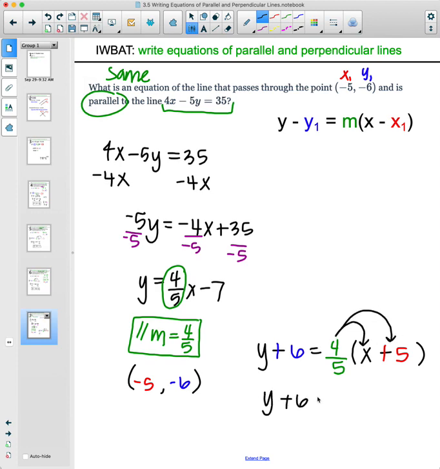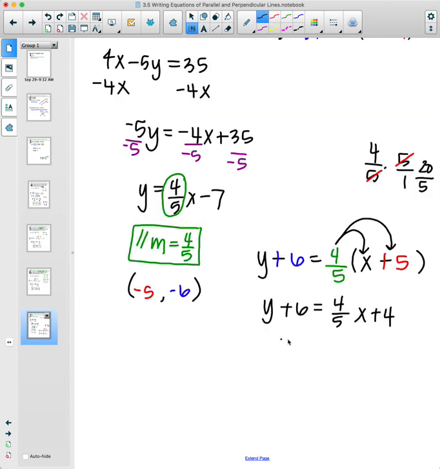So we'll get y plus 6 equals 4/5 x, and then 4/5 times 5. So 4/5 times 5, remember that's 5 over 1. Tops times tops is 20. Bottoms times bottoms is 5. 20 divided by 5 is 4. You can also just notice that you have a 5 on bottom and top, so they'll cancel, and you'll just end up with 4. Then you can subtract 6 from both sides. So we get y equals 4/5 x minus 2 as our final answer.